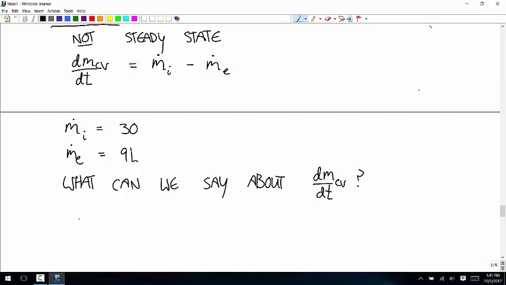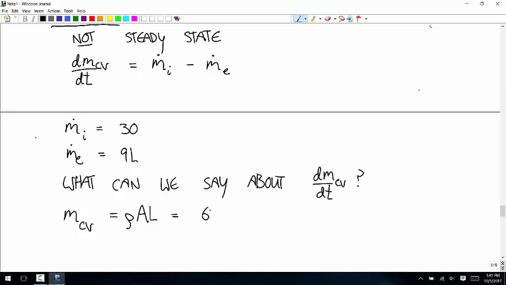Well, we can come up with a relationship between the mass that's in the control volume and that L. So the mass is equal to the area times L, times the density, which is given.